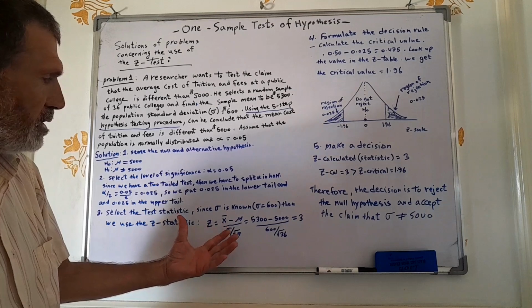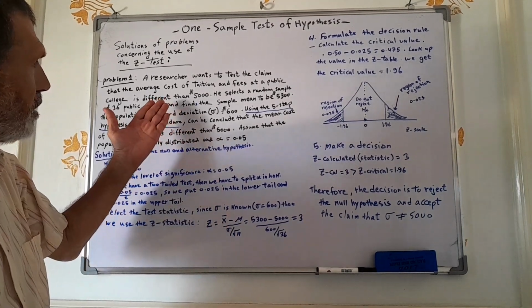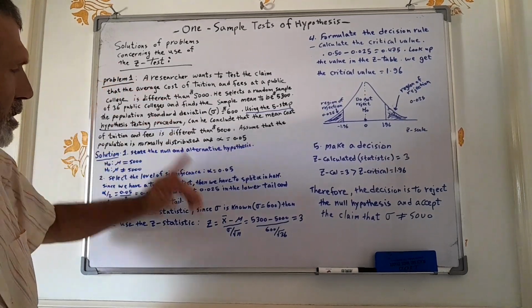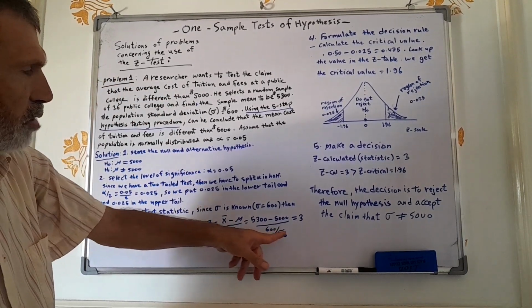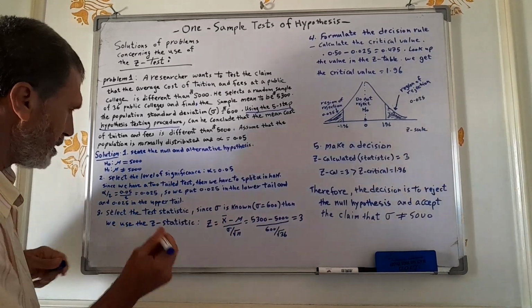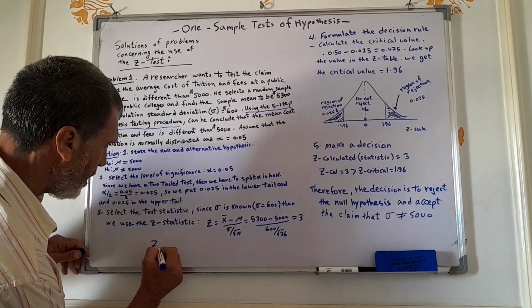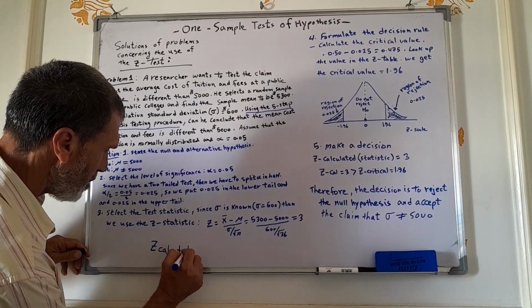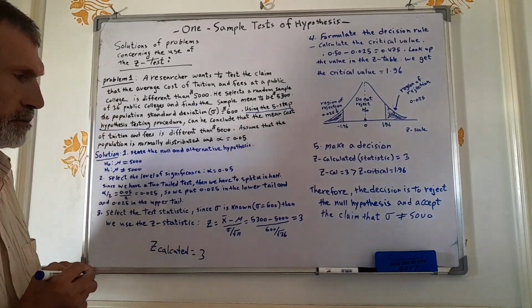All these values we pick up from the question, and we plug those numbers in here. We come up with 3. So the Z calculated is equal to 3. Great.